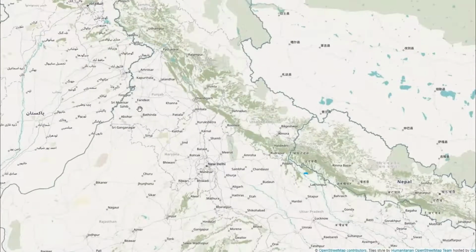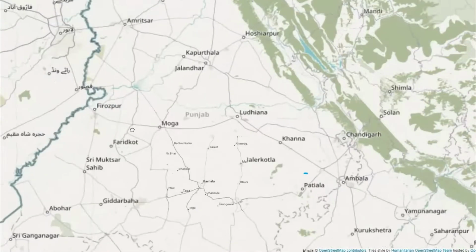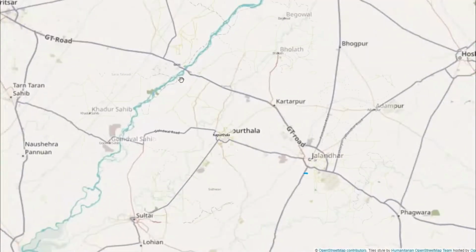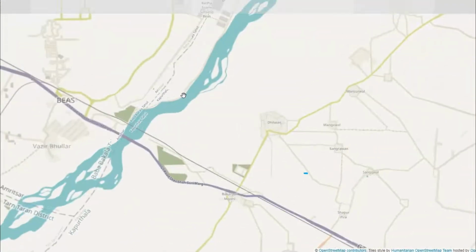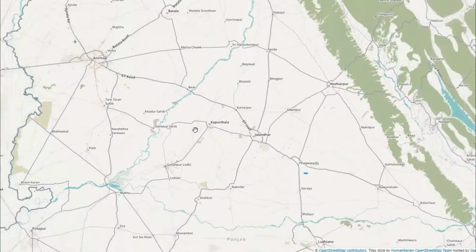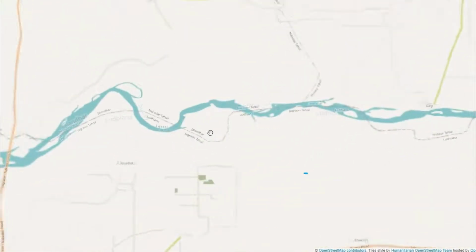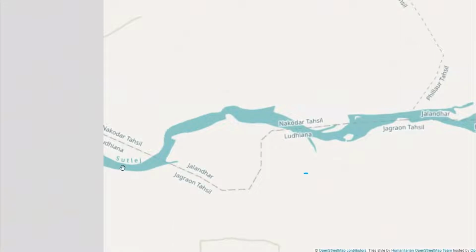If we scroll down or zoom in, you can notice that there are two major rivers that seem to flow through Punjab. This one is probably the Beas River, and then there's another river, Satluj, which comes from down over here. Maybe the name is not visible here, but yes, here it is Satluj.